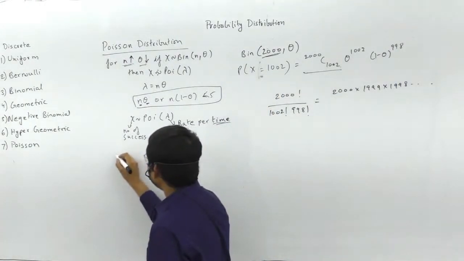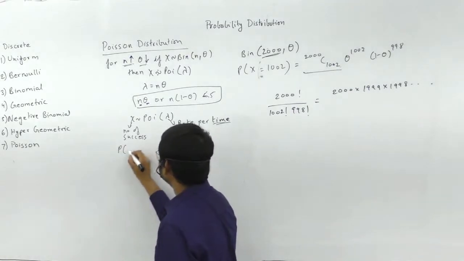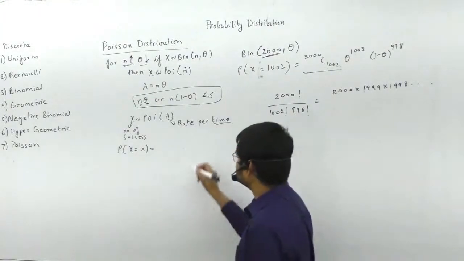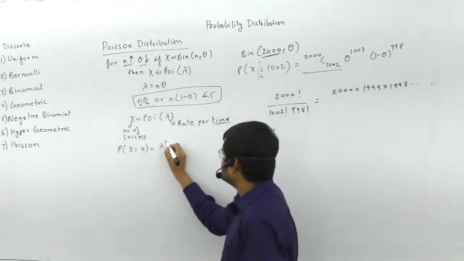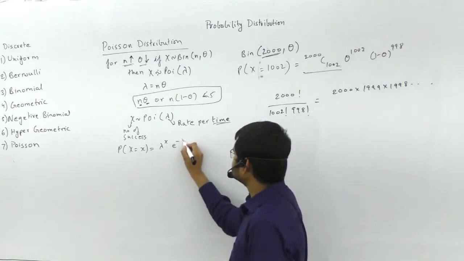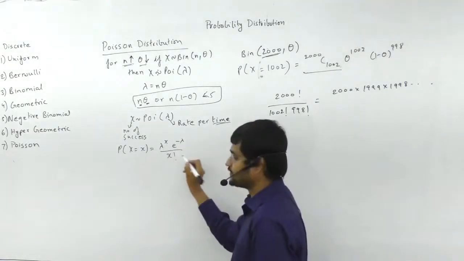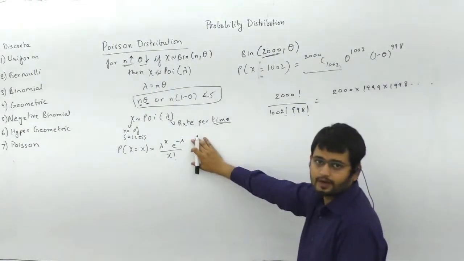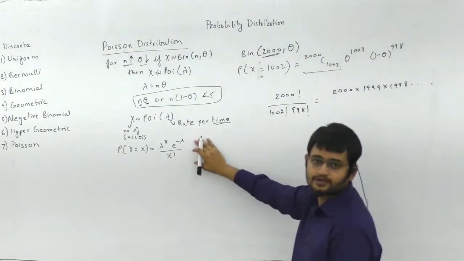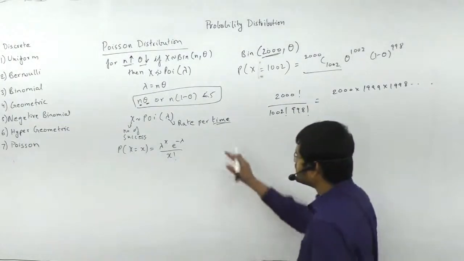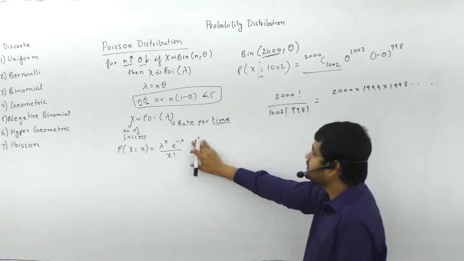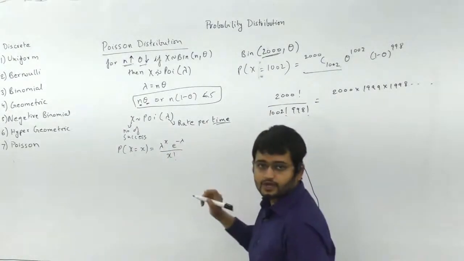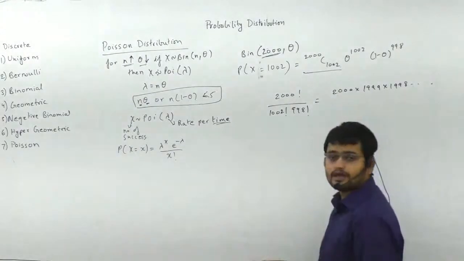Now the PDF, or probability distribution function, of the Poisson distribution is lambda raised to x, e raised to minus lambda, divided by x factorial. To derive this we require knowledge of limits, which is not in our course, so we are not going into how we got this distribution.